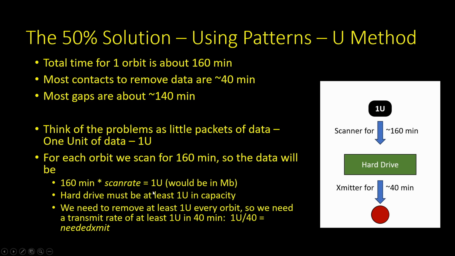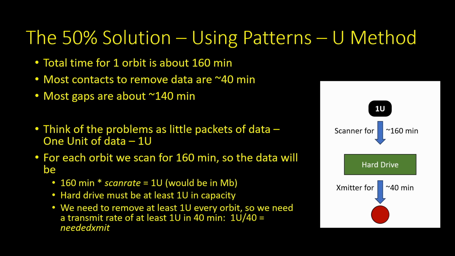So when I find out what that 1U is in megabytes, if I divide it by about 40 minutes, the average contact time to send the data to Mars, then I can take 1U, whatever that is, and divide it by 40, and that will give me a number of megabytes per minute that will tell me the minimum amount of transmitter that I need. So in this case, now that I've got that set up, I've got a mathematical way that I could check any of the scanners and then look through and see what hard drives and transmitters I need to make them work for this U method.